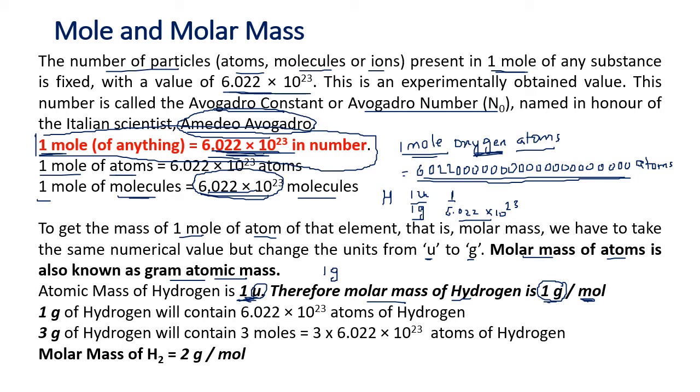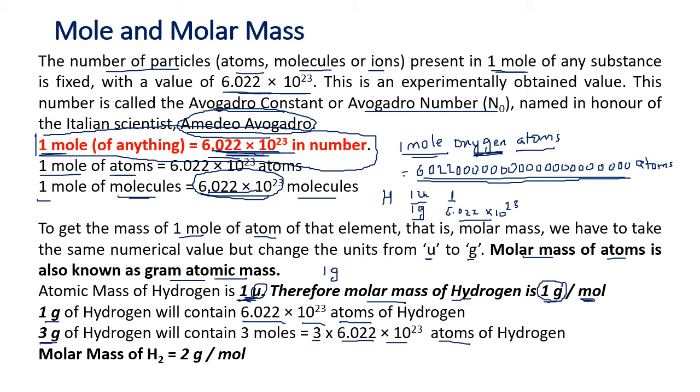So 1 gram of hydrogen will have 6.022 into 10 raised to 23 atoms. But if instead of 1 gram you take 3 grams of hydrogen, the number becomes 3 times. So in 3 grams of hydrogen, there will be 3 into 6.022 into 10 raised to 23 atoms of hydrogen.